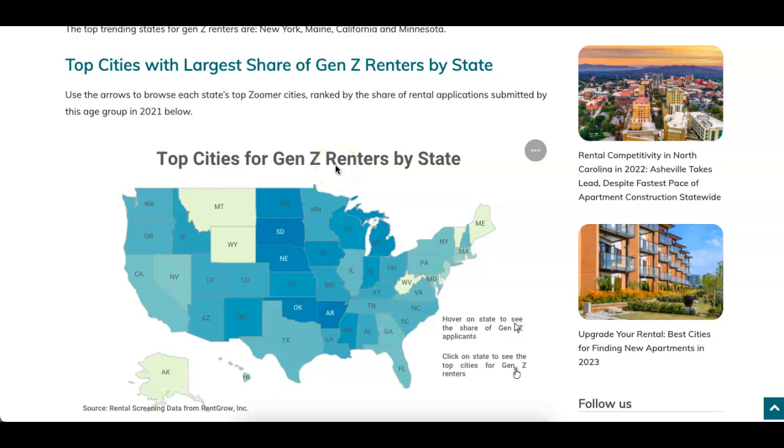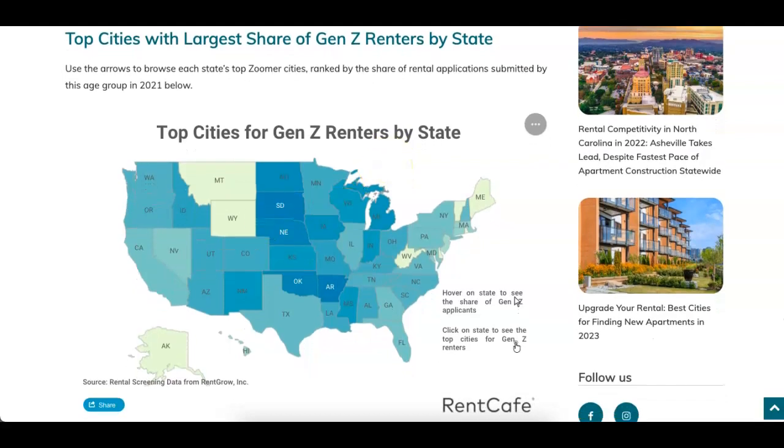You might look at this and say, well, there's not a lot of information in here. But first of all, what I see is source: rental screening data from RentGrow Inc. Now, I don't know anything about this information, but you might be able to dig a little bit and find out where this is from and who RentGrow Inc. is.